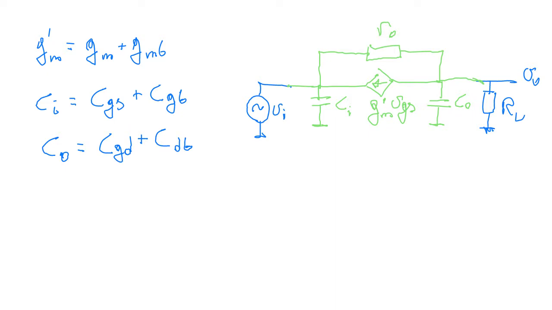Okay, in this case, if we neglect this current, which is always the easiest way to do, the voltage at the output is just the current flowing through this impedance. Okay?